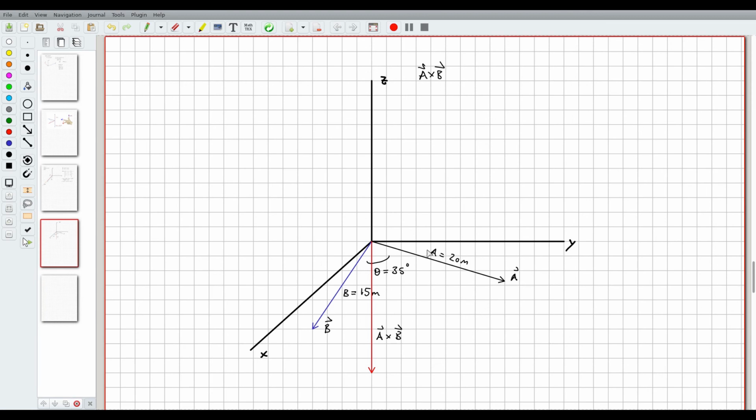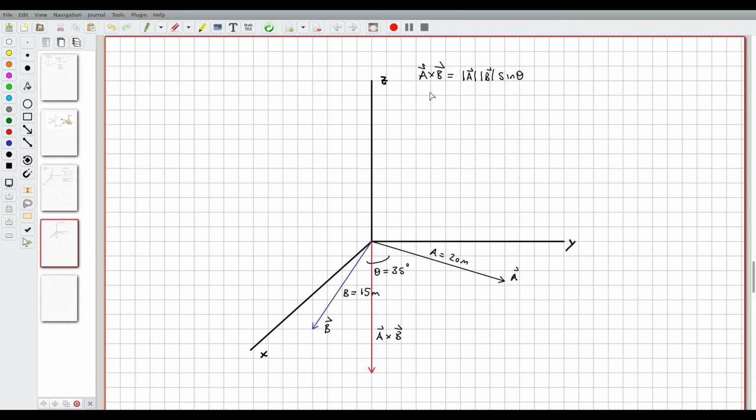So we have the direction, but what we're missing is the magnitude, because remember, vectors have magnitudes and directions. The version of the cross product that I would like to use here is the magnitude of A times the magnitude of B times sine of theta. Now this should look very familiar.